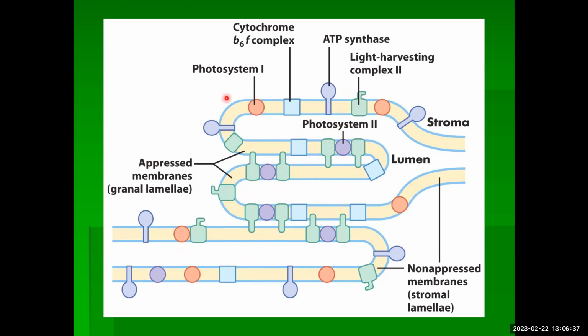Now notice that the light harvesting complex for photosystem II tends to mediate the apposition of the membranes in the thylakoid. That's not by accident.